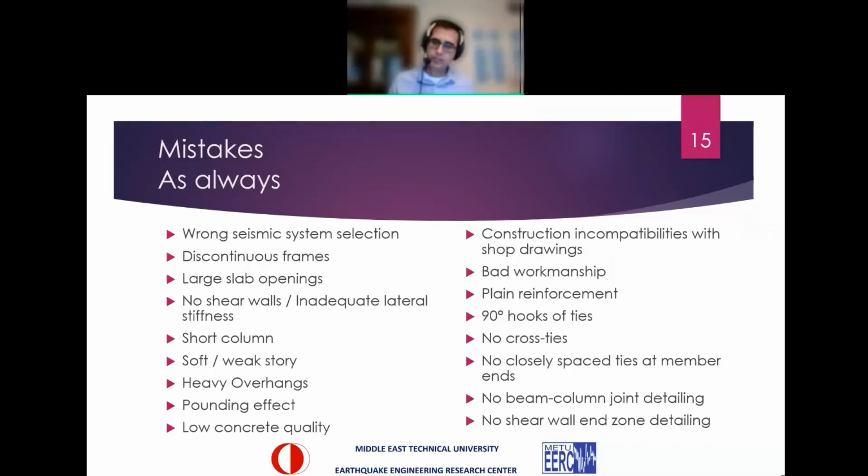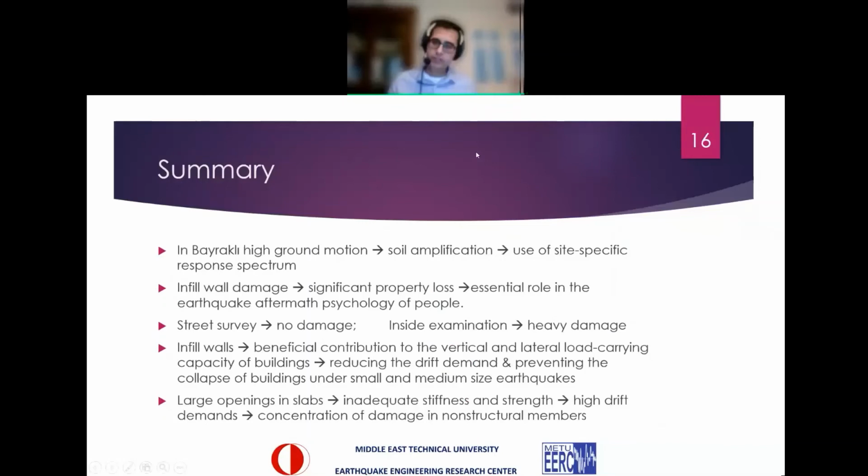The beam-column joints are overlooked. They never put any ties inside the joints. Even the problem for shear walls is the end zone detailing, because as you remember, the end of the shear wall should be column, and they skip this also. Those are the general mistakes we saw also in the Izmir earthquake.